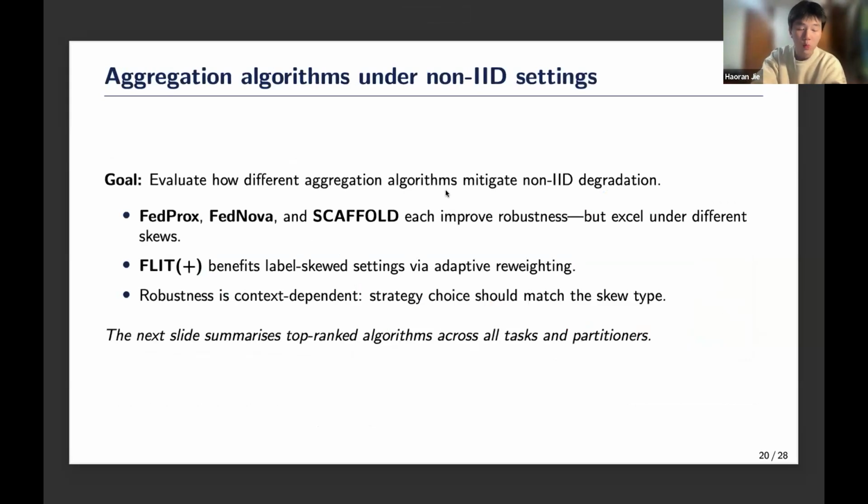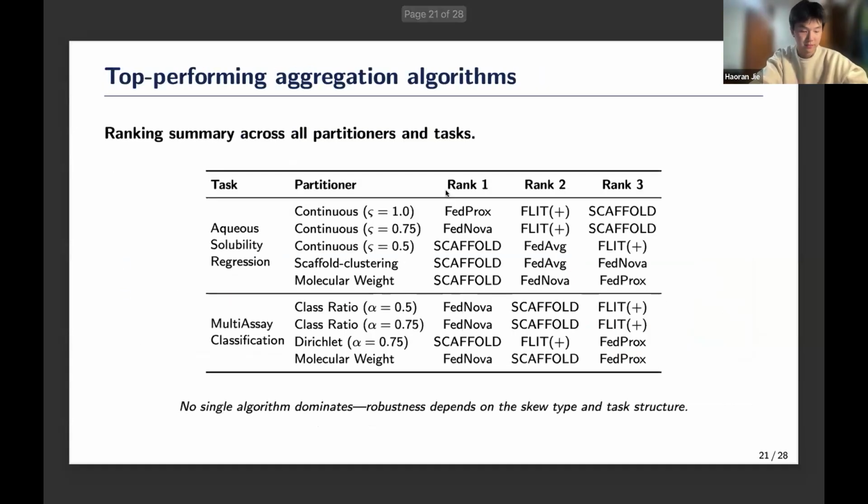And then, with the non-IIDness being quantified, the next step is to test out how different algorithms perform. I'll have this table on the next slide. In my dissertation, I've documented in detail how each performed, but since this is a presentation, this is a summary across different partition tasks.